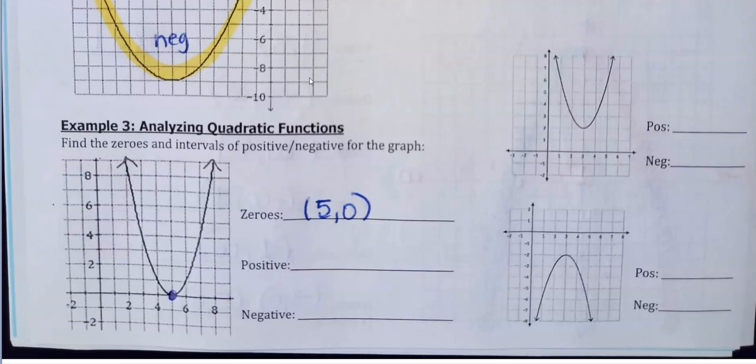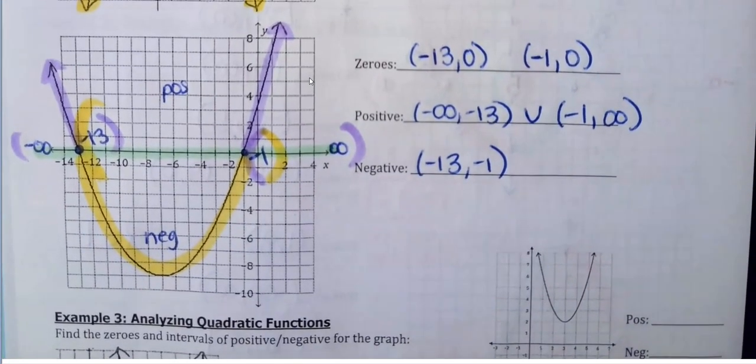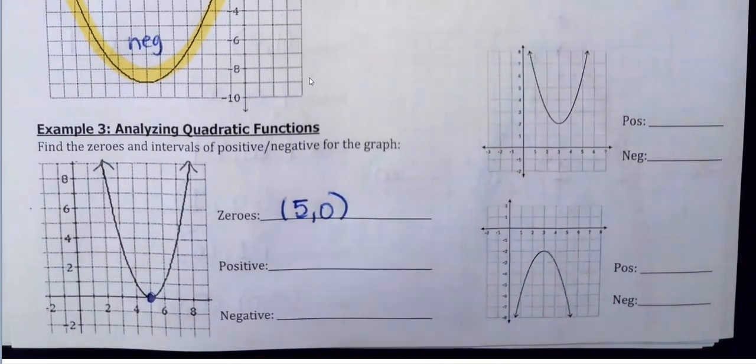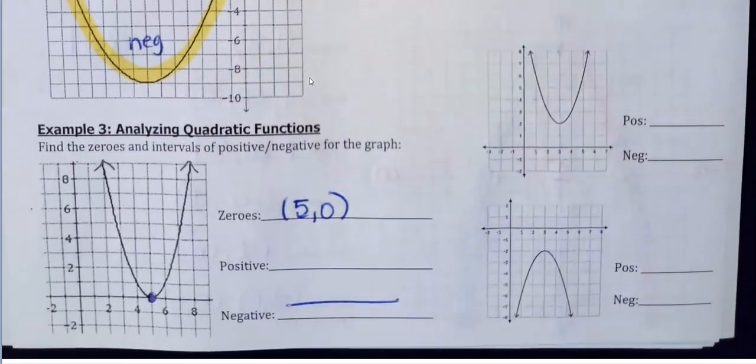If you're looking at that graph in the bottom left corner, you can see it never goes below the x-axis, right? So it never becomes negative. This never comes below the x-axis. So I don't have any negative part of that graph.